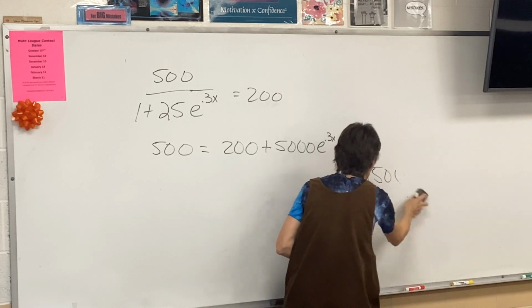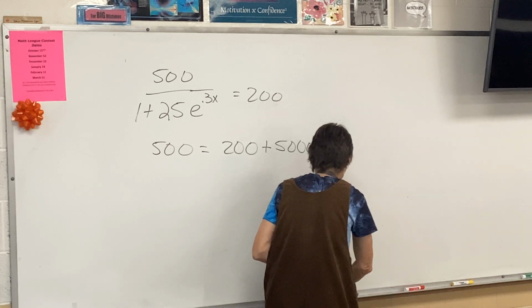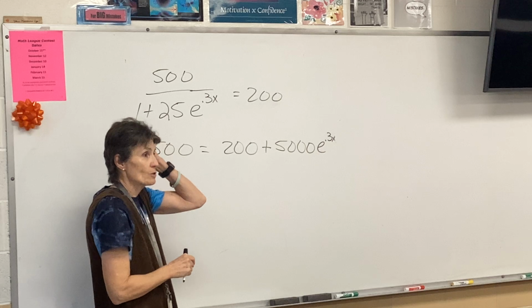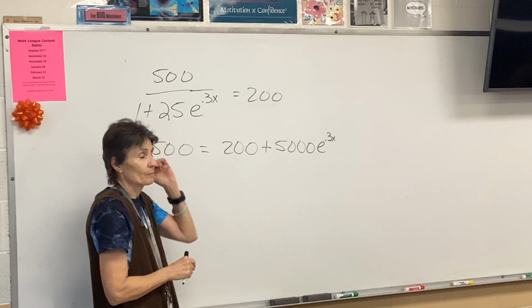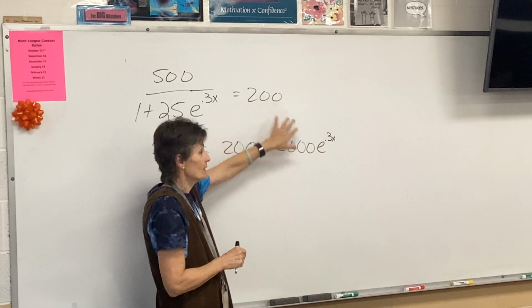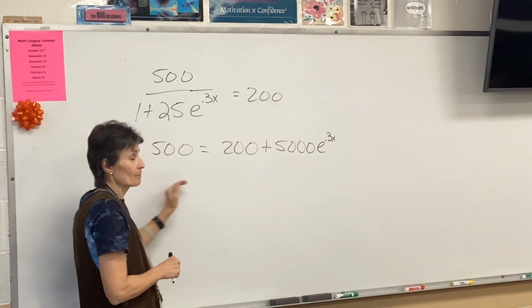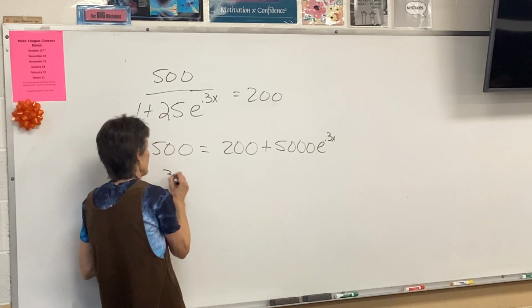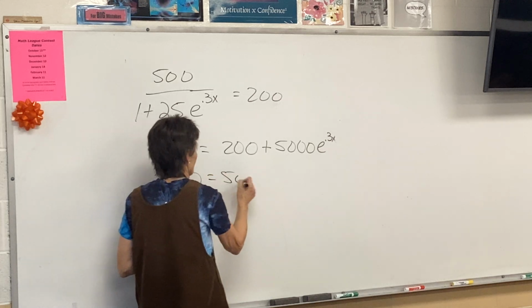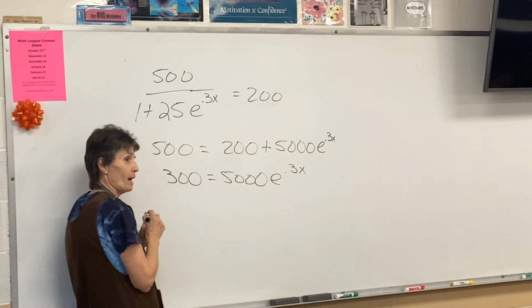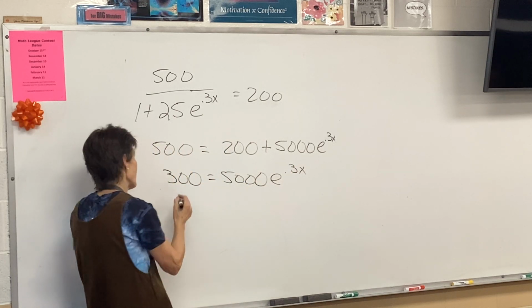No, LN, and then you take 300 divided by 5,000. That was the very first thing you did. So did you end up with this? Yeah. So then I hope you subtracted 200 and then divided by 5,000.